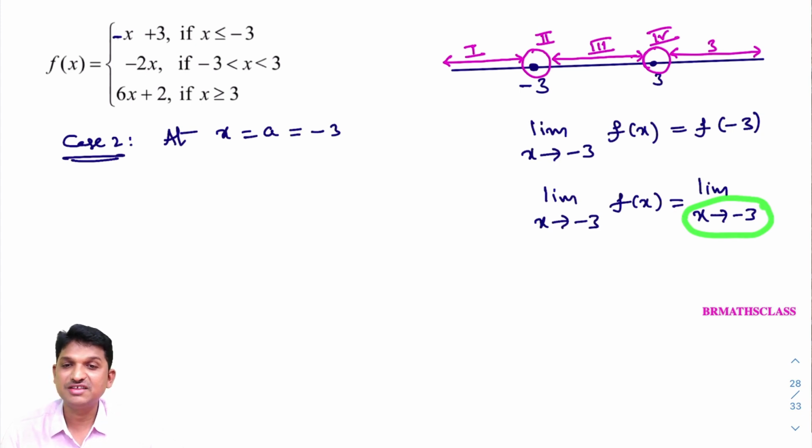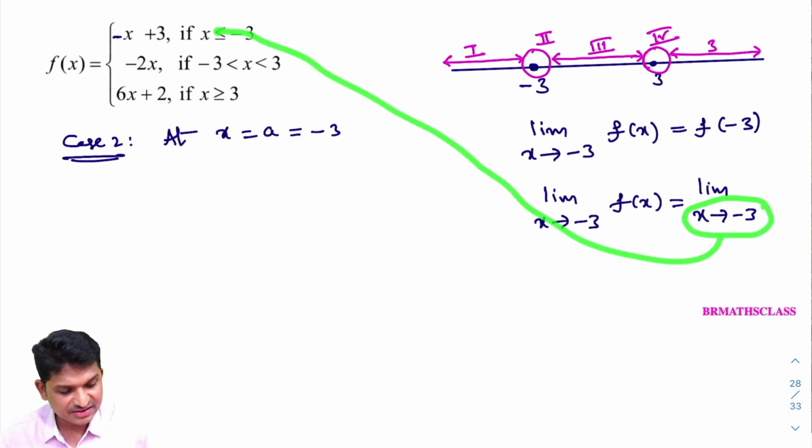X approaches to minus 3 means all x values are slightly less than minus 3 or slightly greater than minus 3 but not minus 3. Try to listen carefully. Here, there is a chance that x values are less than minus 3.